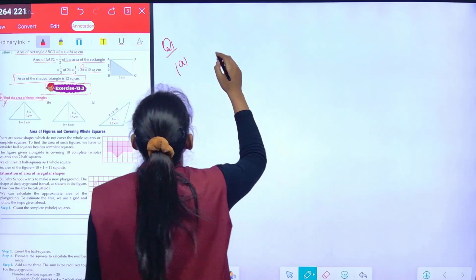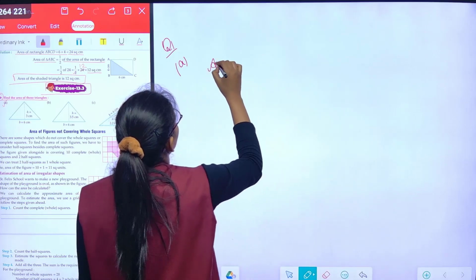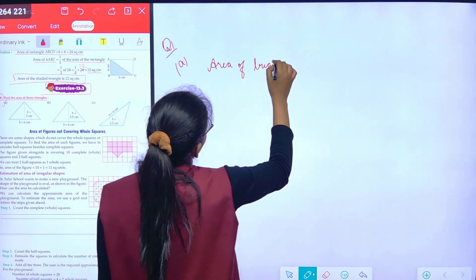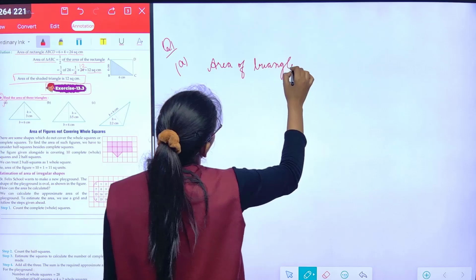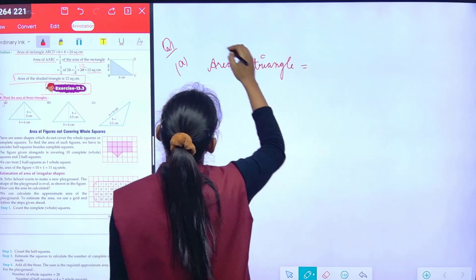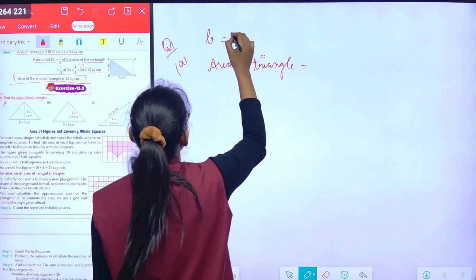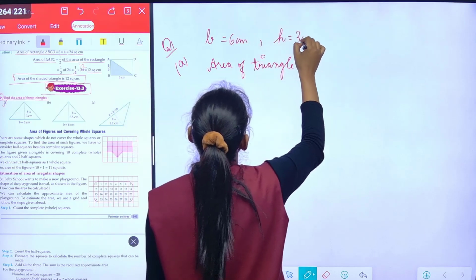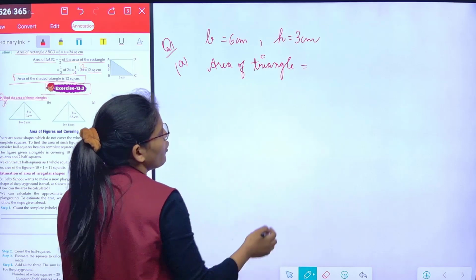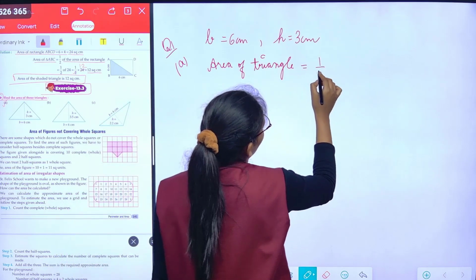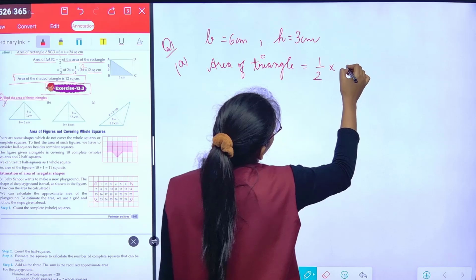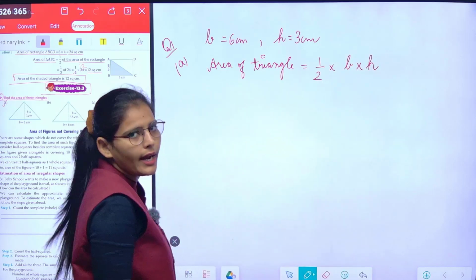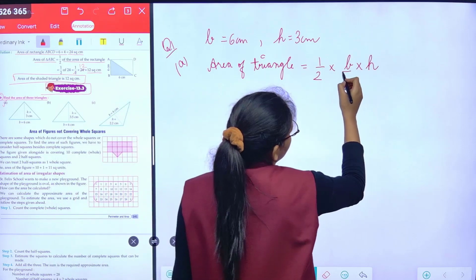So area of triangle. Now class, see, here base is given as 6 centimeter and height is given as 3 centimeter. Understand class? What is the formula, class? 1/2 multiplied by b multiplied by h, base into height.